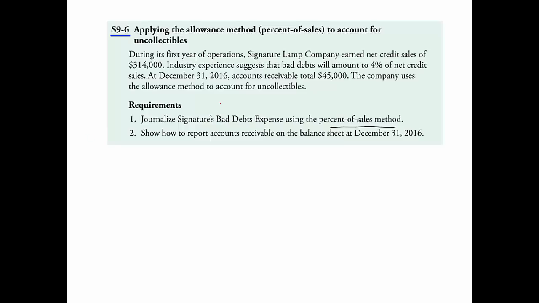So all I'm going to take is the net sales of 314,000 times 4%, which is 0.04, and that gives me 12,560. And that's the amount of my adjusting entry, and that's all I have to do. I'm saying that because in the next 2 methods, we vary a little bit. But in here, that's all I have to do.